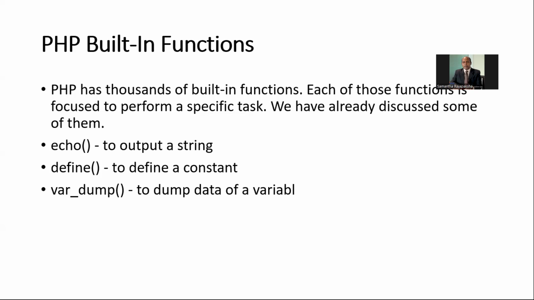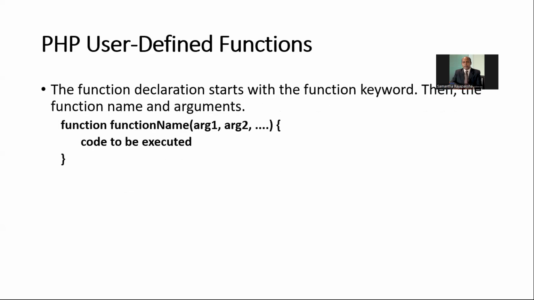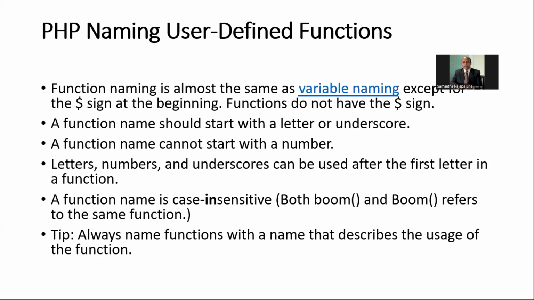But here we are going to discuss not the built-in functions but the functions that can be developed by ourselves. So how do we create our own function? Use the keyword function and the function name, and whatever parameters or arguments you want to pass, and the code. The code starts with a curly bracket and ends with a curly bracket. This way you can create your own functions.